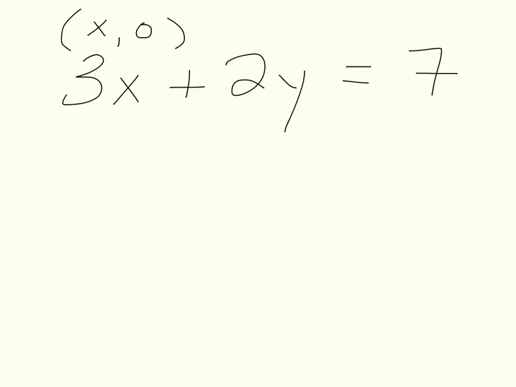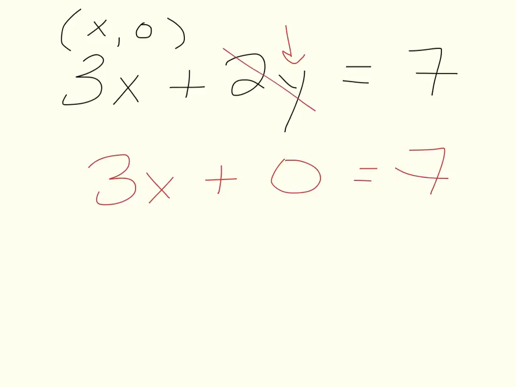Remember, that's along the x-axis. So I'm putting a 0 in here for y, so it would be 3x plus 2 times 0 is 0. Okay, so that's basically gone, equals 7. So we can ignore the plus 0 again. So now I really just have 3x equals 7. So I would divide by 3 on both sides, and x equals 7/3.